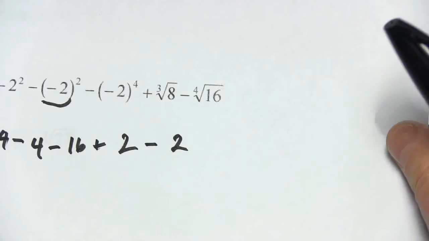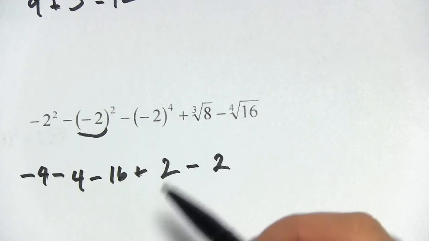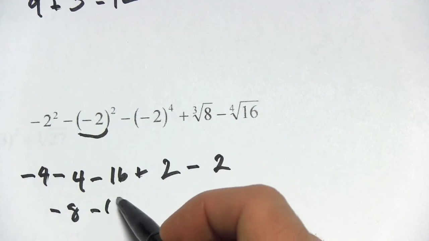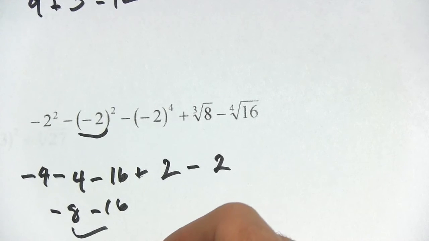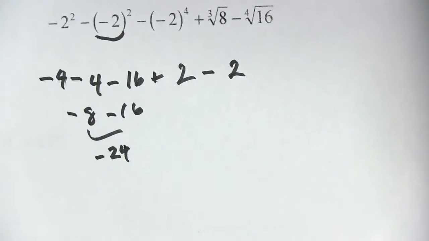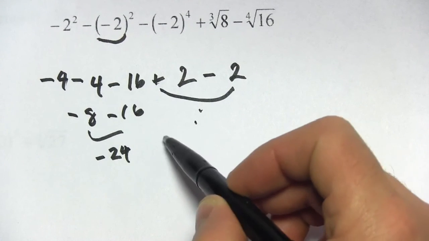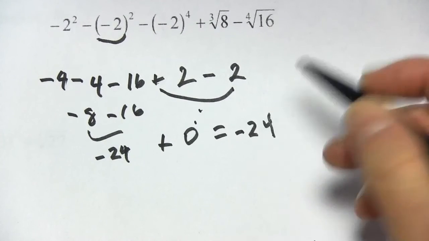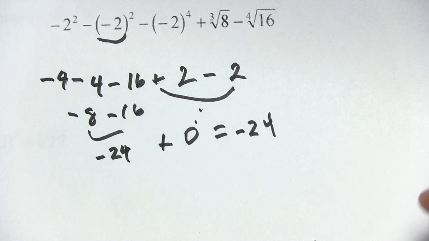All right, I think we've got everything we need to calculate this problem. So I've got -4 minus 4, that's a -8, minus 16, that is -24. And then I've got a positive 2 minus 2. Well, those just add up to 0. So -24 plus 0 is just -24. So that is a little bit of work with some roots.